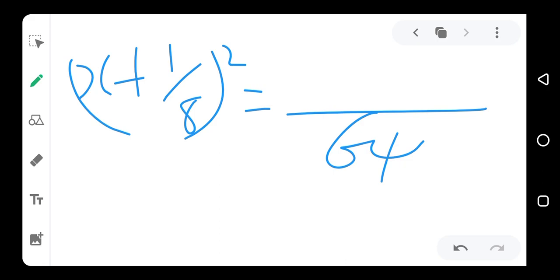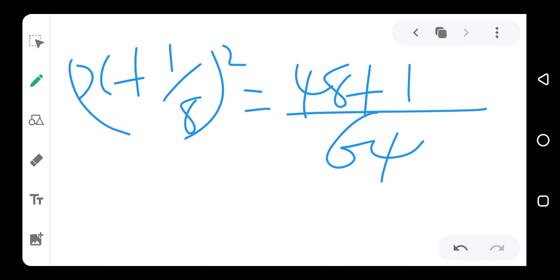Now we simplify it to 64 divided by 4 gives 16, times 3, you have 48 plus 1.